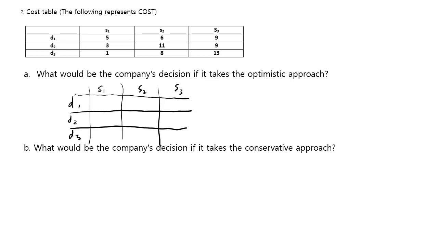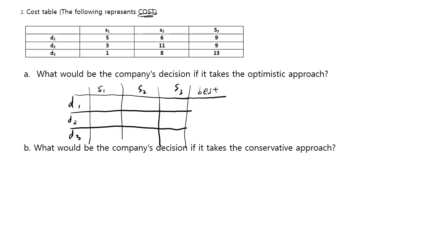And among those best, you look at the best outcome of the best. That's what optimistic approach means. However, because the better number in this case of the cost is the smaller number, the meaning of what's best is different from when you have the payoff table.